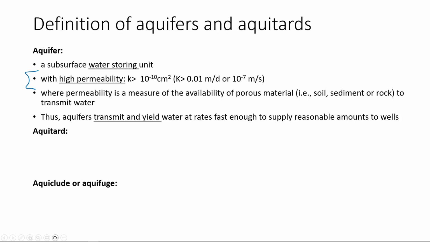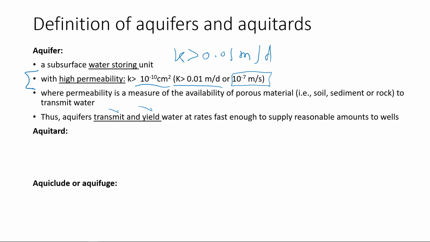You generally find a permeability or hydraulic conductivity value where K is larger than 0.01 meter per day, and you can check the previous lesson to learn about this, like sand or fine sand, or 10 to the power minus 7 meter per second. Then that is an aquifer if it's larger, where permeability measures the ability of porous material, soil, sediment, or rock to transmit water. Thus, an aquifer stores, transmits, and yields water at rates fast enough to supply reasonable amounts to wells. So that is an aquifer.